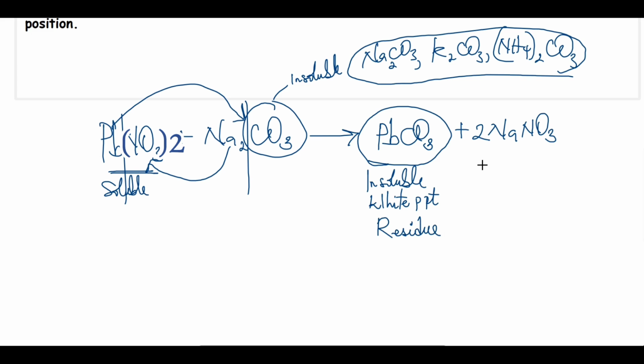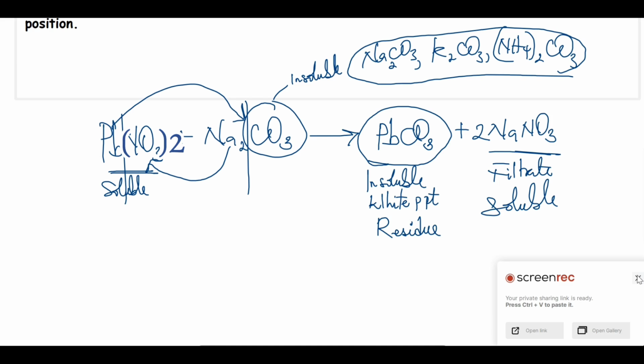And also you will have a filtrate. I told you all nitrates are soluble in water, so you should expect sodium nitrate to be soluble in water, and this is your filtrate. So C, when you dissolve it in water, will be partially soluble to give you lead carbonate, which is your residue, and sodium nitrate.